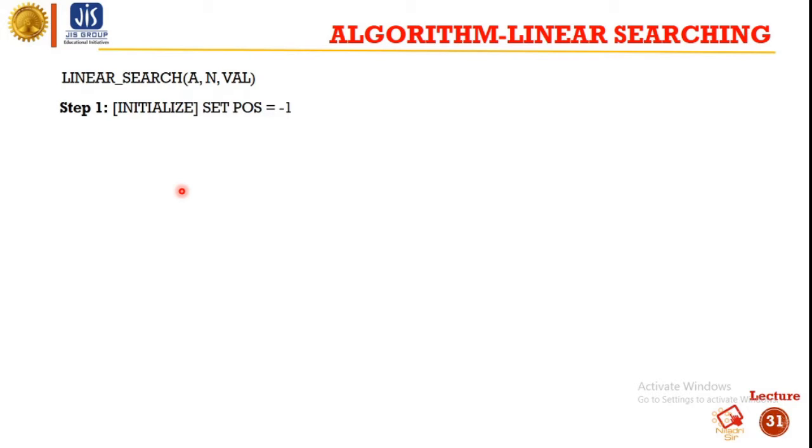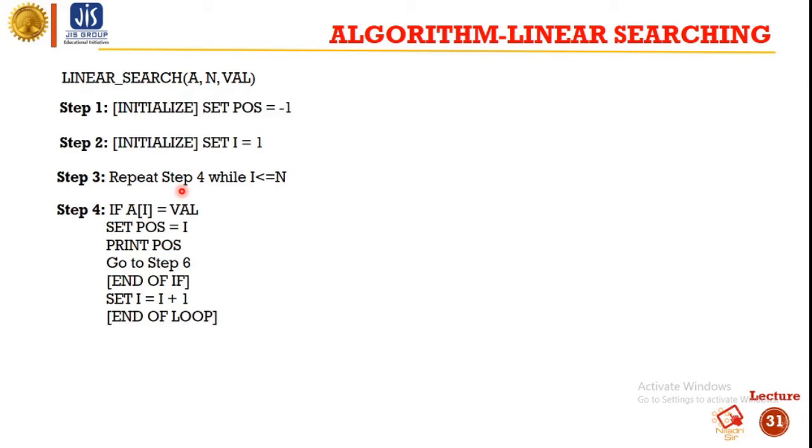Next, in step 1, we initialize a variable position or pos as -1. Now we will initialize another variable i as 1. Next we will repeat step 4 up to i less than or equal to n. So what is step 4? If a[i] equals val, that means at the beginning, the position of i is 1.